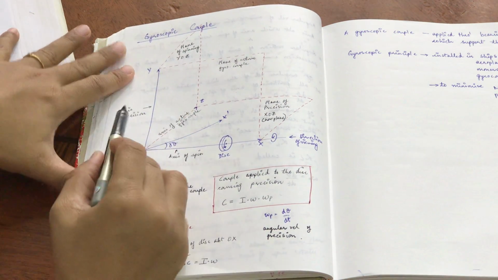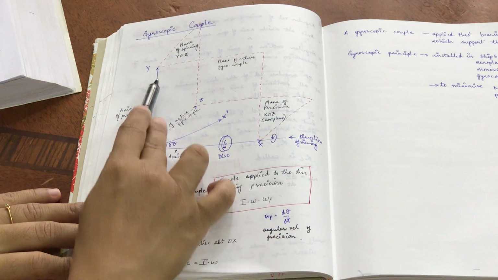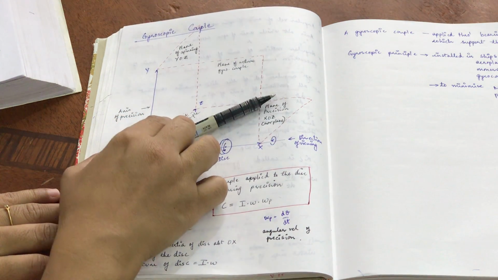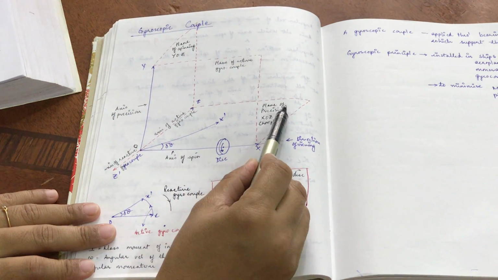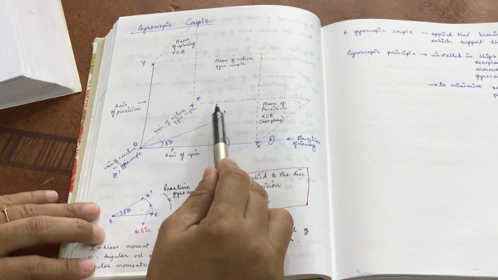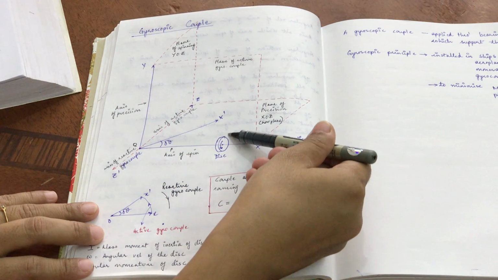So OY becomes the axis of precession, and the plane perpendicular to OY on which the disk rotates is called the plane of precession, XOZ, which is the horizontal plane. Now this disk is rotating on this plane.